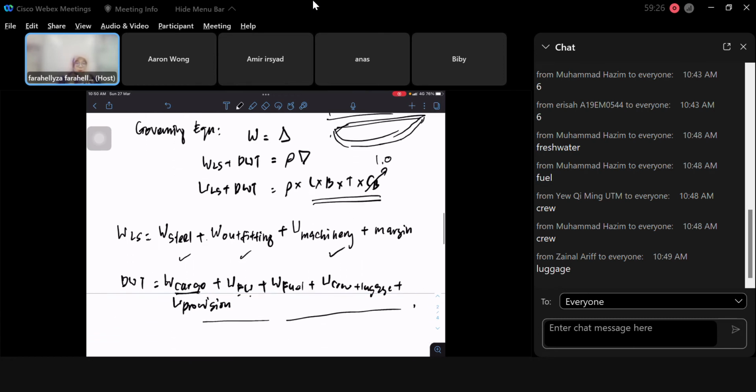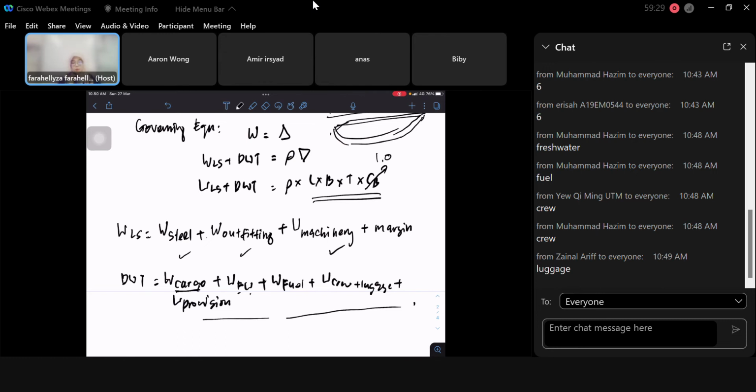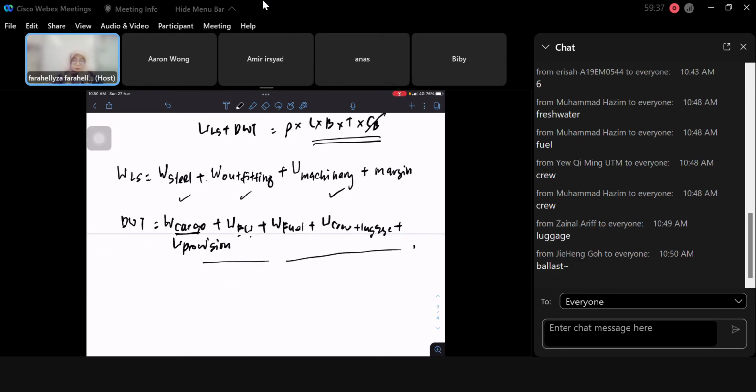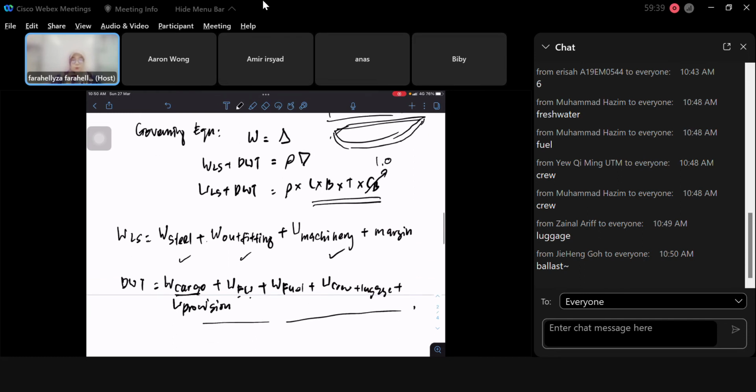But basically the DWT should include fresh water, fuel, crew, and so on. Now, back to how we can solve this problem. So once again, ballast. Better put this one, W ballast. Maybe sometimes we don't need the ballast, but sometimes we need to have the ballast, according to the operating condition of the ship.